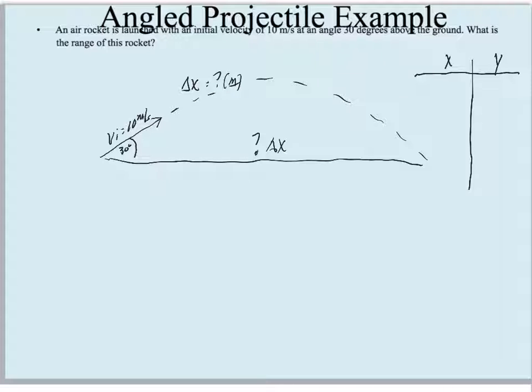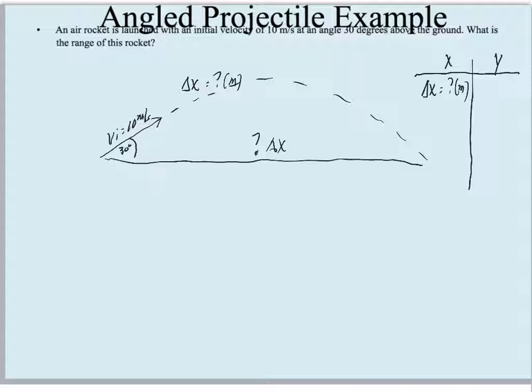Now, they are asking us to find delta x. We do not know that. We know it's going to be in meters. And there's really nothing else on the x side we know.